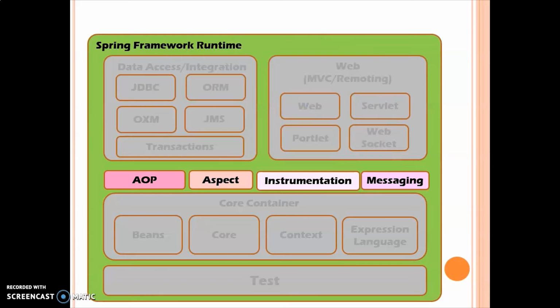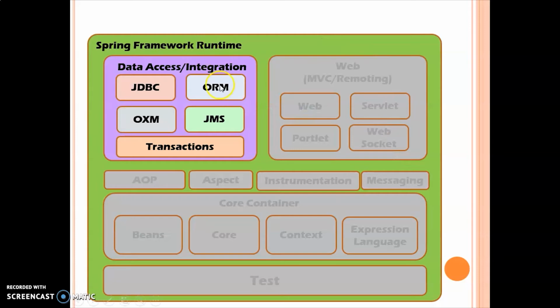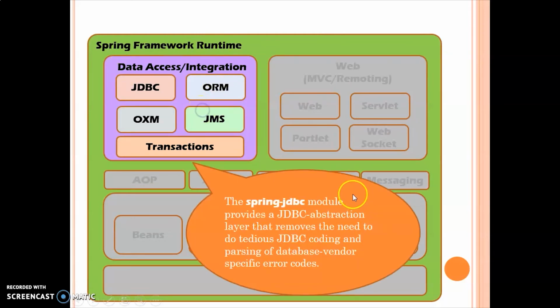Going further, talking about the data access or integration module, it has Jdbc, as you can see, ORM, OXM. Jdbc is Java database connectivity, ORM is object relational mapping, OXM is object XML mapping, JMS is Java messaging service. Again, this was a previous implementation of the messaging thing that you saw here, and transactions.